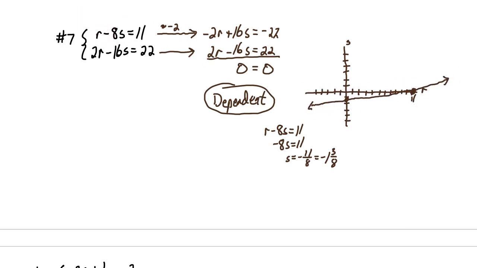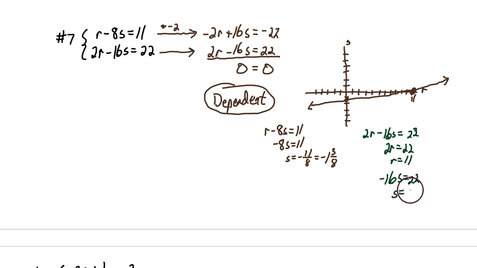Let me switch colors and graph the second equation. 2r minus 16s is equal to 22. When we put 0 for s, this becomes 2r equals 22, or r equals 11. That's the same dot we had found on our first graph. When we fill in 0 for r, we get negative 16s is equal to 22.